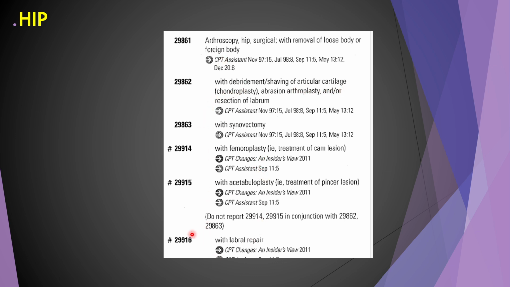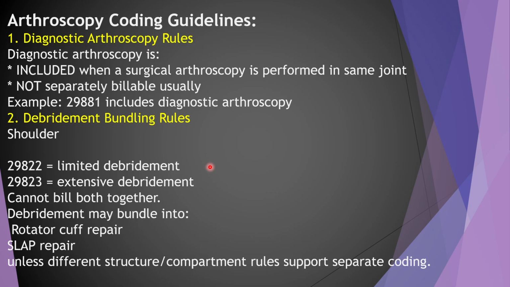Okay, so coming to next, arthroscopic guidelines. We have to know the diagnostic arthroscopy rule, that diagnostic arthroscopy which is included in surgical arthroscopy performed in the same joint is not separately billable. It means, for example, diagnostic arthroscopy will not be coded with the major procedure. Surgical arthroscopy already includes that diagnostic arthroscopy.